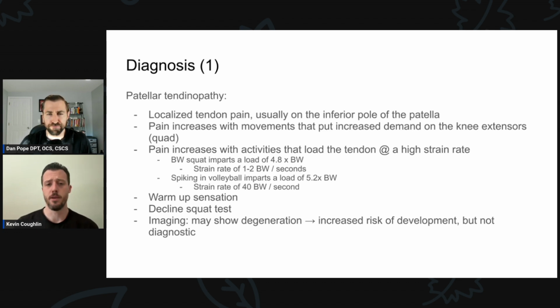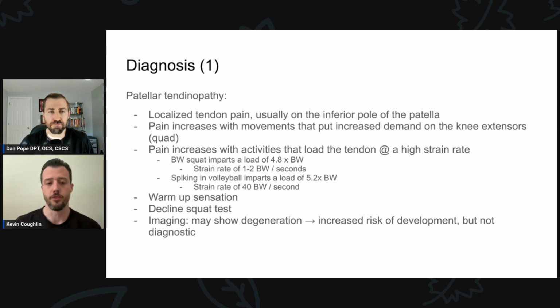You'll hear the patient say that pain increases with movements that put increased demand on the knee extensors. So when you're really loading the quads, we tend to see more pain with those types of activities, and activities that load the tendon at a very high strain rate.